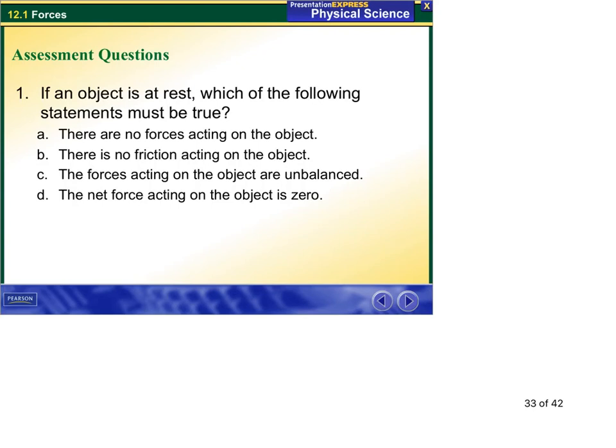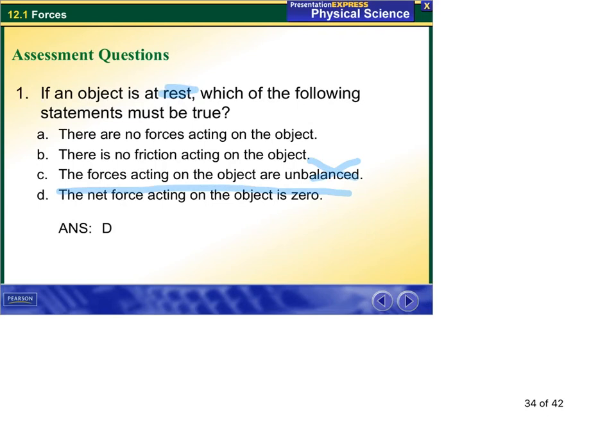So, object at rest, which of the following statements must be true? Indeed, the net force is 0. If unbalanced forces, it'll always be accelerating, which means we have movement. So if an object is at rest, it cannot have unbalanced forces.